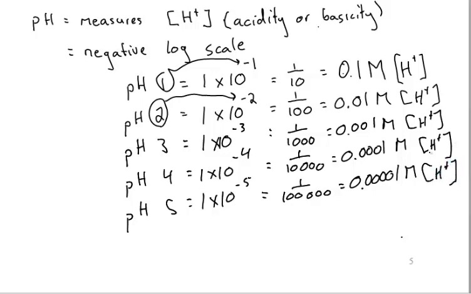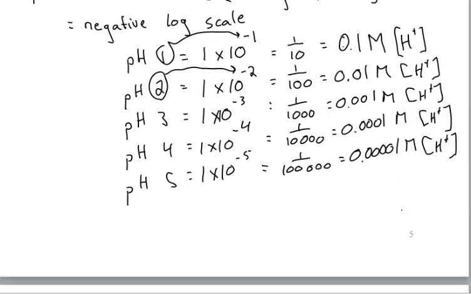Hopefully now you can see as the pH number gets bigger, the actual concentration of hydrogen gets smaller, meaning it's becoming less acidic.